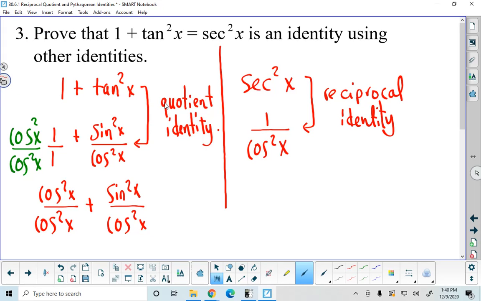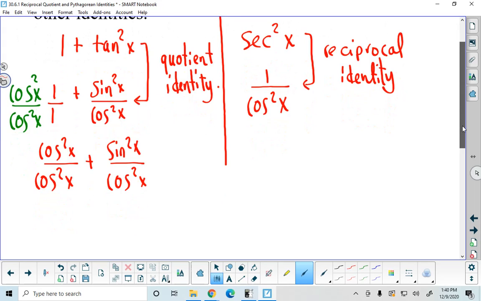So now I add these together. The rule for adding fractions together that have a common denominator is you maintain the denominator, and then you add the numerators together. And I have a question for you, even though we're not done. Wow, we're so close to being done.